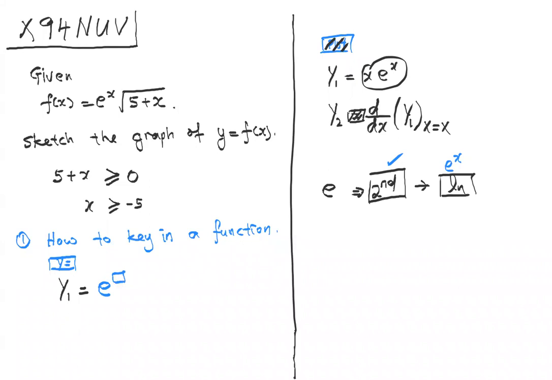All the variables in a graphic calculator, you will type as X. So how to call out X? You have this button on your graphic calculator: X, comma, theta, comma, T. Okay, you press the button. X will appear here.